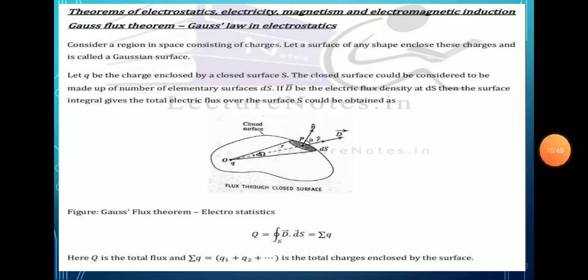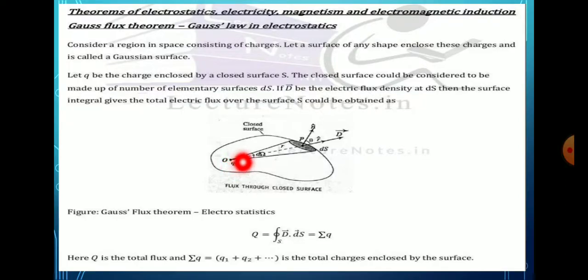Let us go through the statement. Consider an electrical charge, plus Q. We know every charged particle produces an electrical field; only static charges or rest charges do not produce the electrical field.